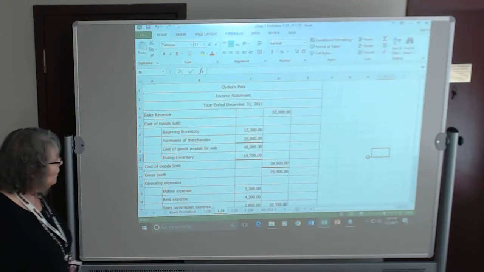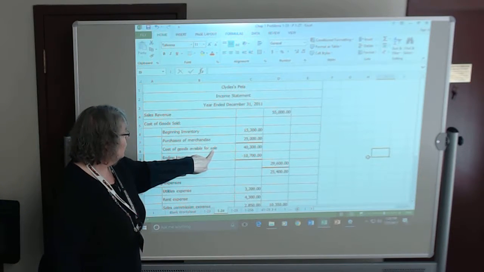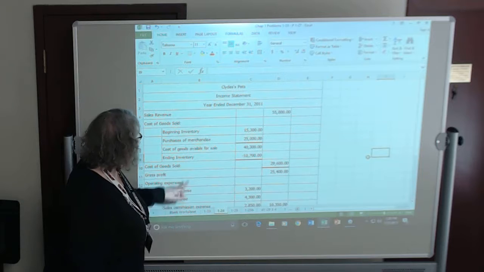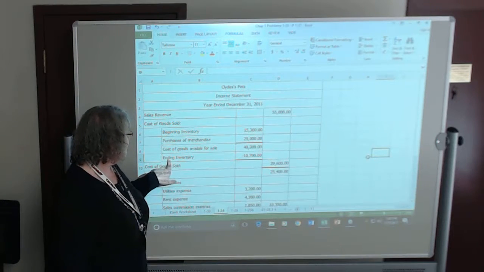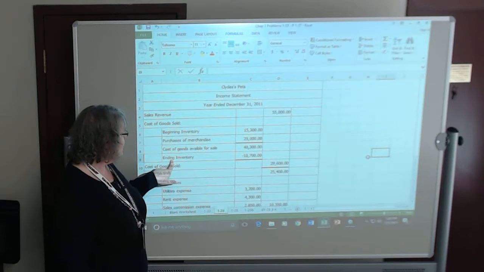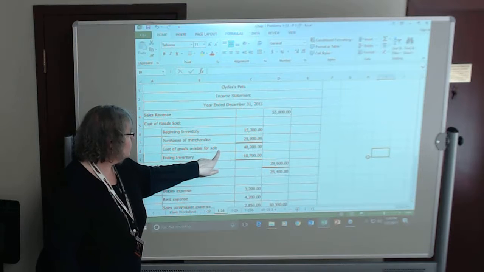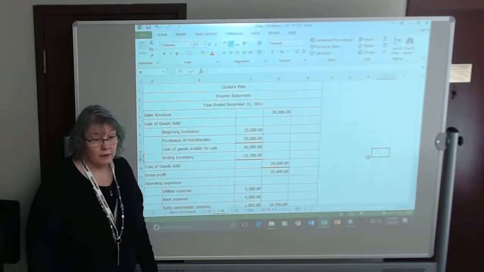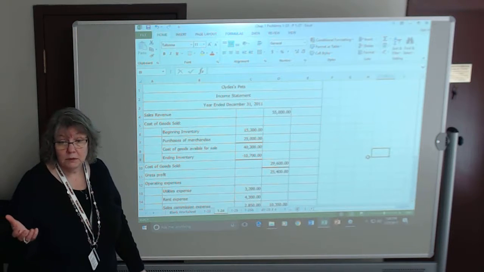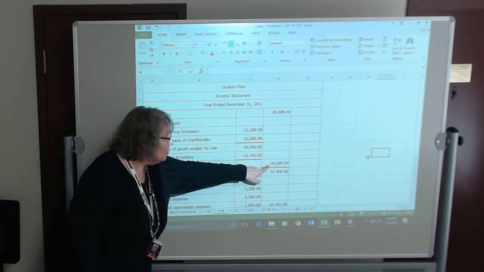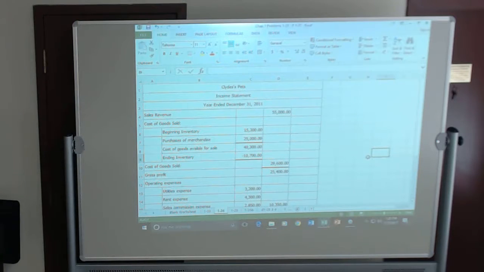So we add these two to come up with the total cost of goods available for $40,300, and then we take the ending inventory and subtract it from what's available because it's not been sold. It's for a total of $29,600 that was sold.